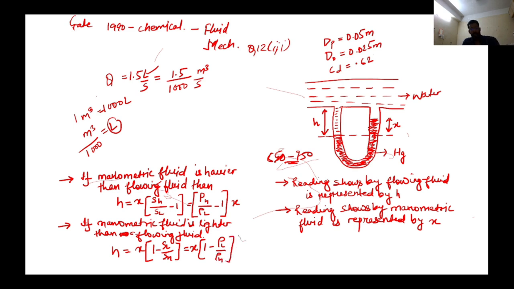So in venturi meter and in orifice meter we have to remember these 4 points. Now in our question, the manometric fluid is mercury, which is heavier than the flowing fluid, that is water. So we will use this formula.